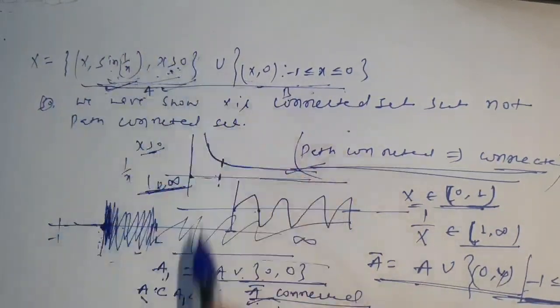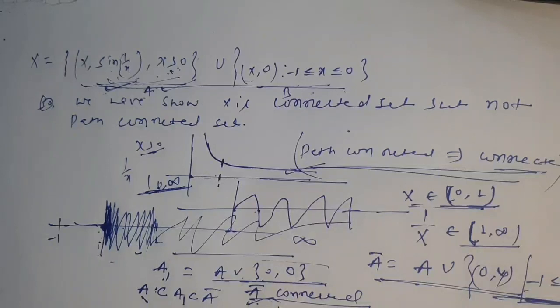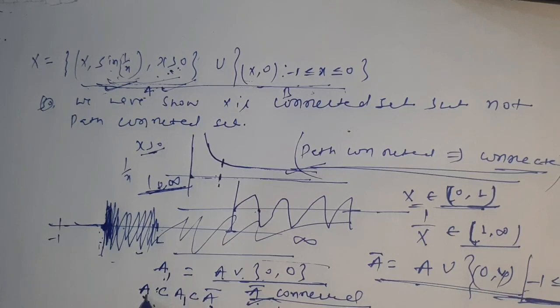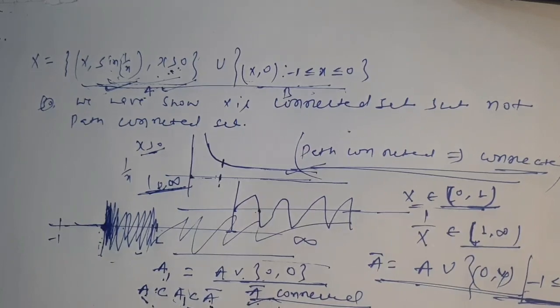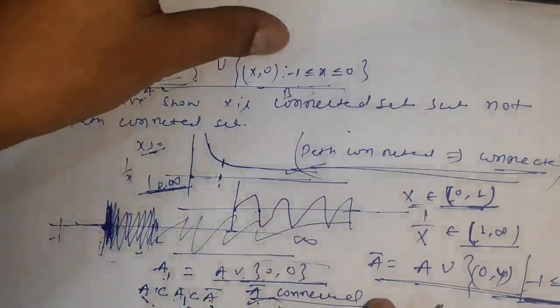So A is connected and A closure is connected, because we know the result: if A is connected, then A closure is also connected. And one result I will use: if A is connected, A closure is connected, any set lying between these two sets is also connected. This is the main result.